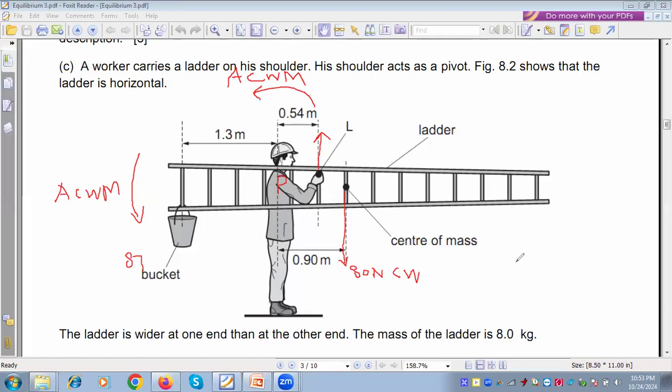I'm solving it here instead of solving at the space provided by the examiner in the paper, because the figure is here. So here, total anti-clockwise moment is equal to clockwise moment.